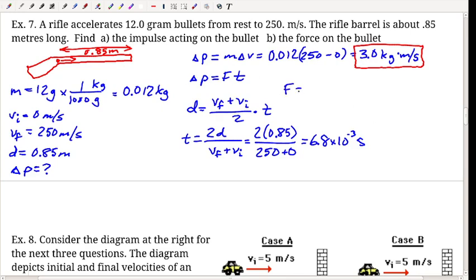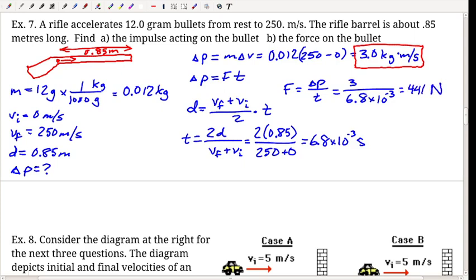So force is change in momentum over time. So my change in momentum was 3, and my time was 6.8 times 10 to the minus 3. Make sure you're using that exponential button on your calculator to type that in so you don't mess up. 6.8 e minus 3. And that gives me a force of 441 newtons.